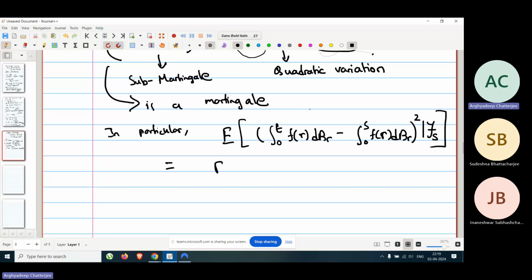This is equal to the expectation of the integral from s to t of f of r squared dr.